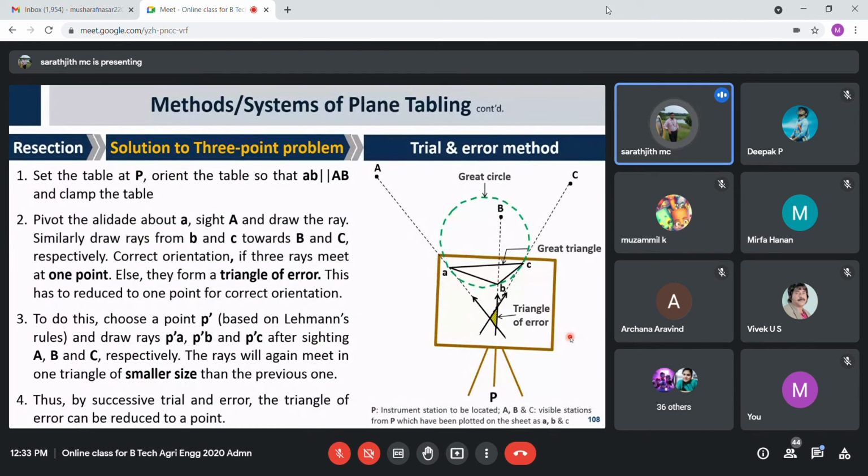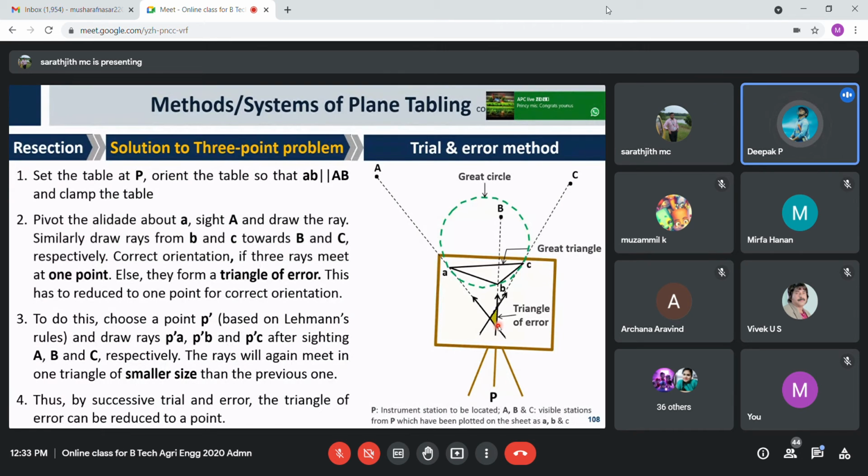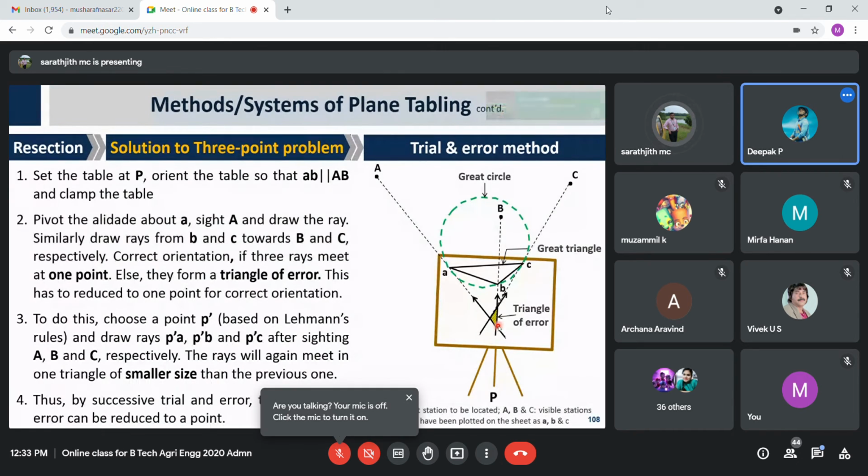The yellow portion is this shaded portion in yellow color. So if the area of this triangle of error is higher, what does it represent? Error will be higher. So to reduce that error, what do we have to do? We have to reduce the area of the triangle of error, is it not?